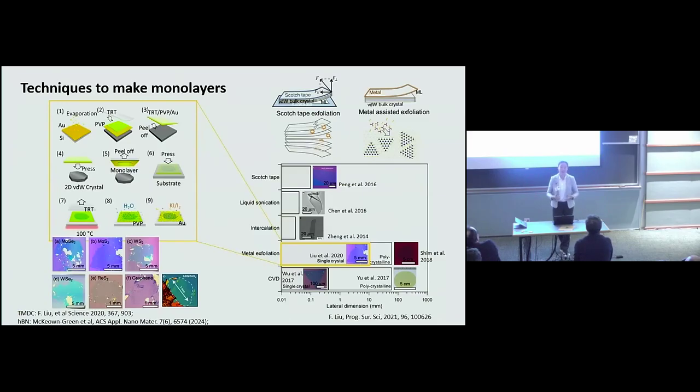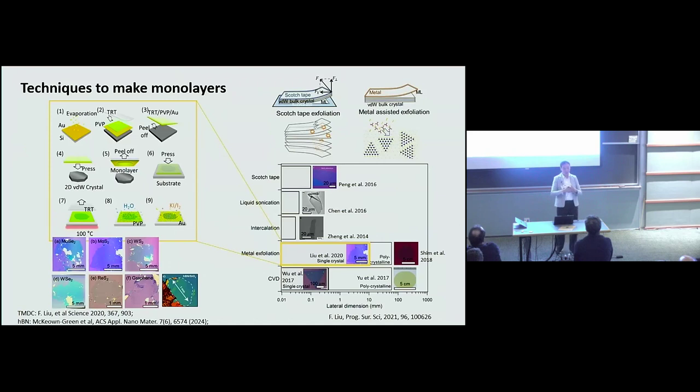A few years ago, we developed a technique to create very large area, single crystal monolayers with dimensions of millimeter to centimeter scale. We use a technique called gold tape exfoliation, which takes advantage of the strong adhesion force between gold and the monolayer.